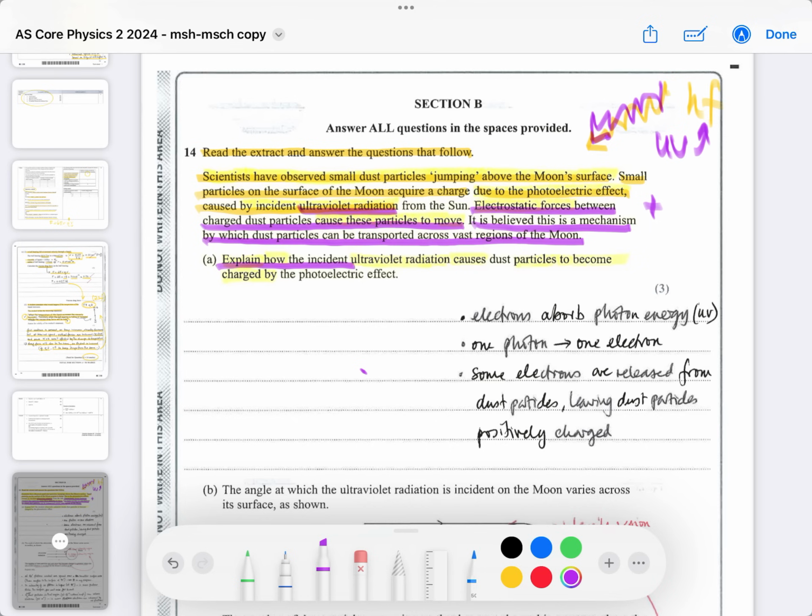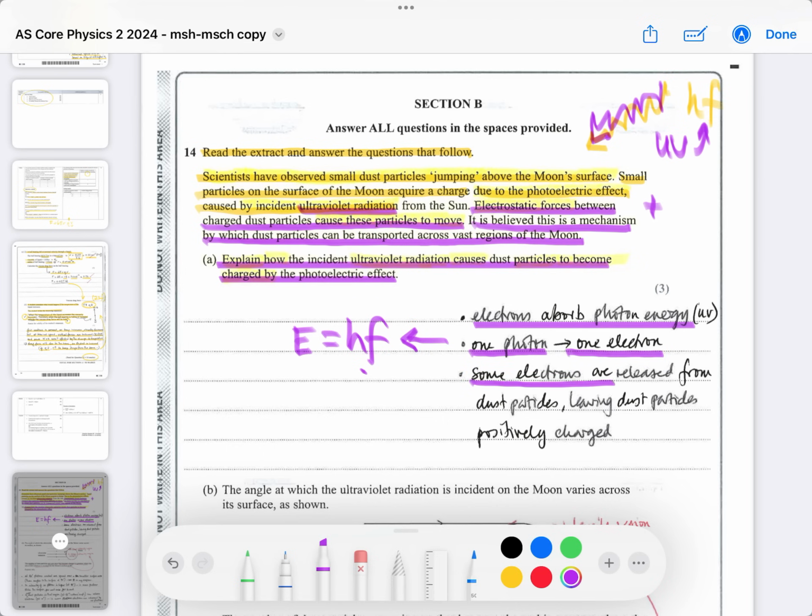Explain how the incident UV radiation causes the dust particles to become charged by what is known as the photoelectric effect. So electrons absorb this ultraviolet energy. Each ultraviolet photon, one photon, can be given to one electron, so the energy is in packets. You either take it or leave it. So the hf energy, violet color.